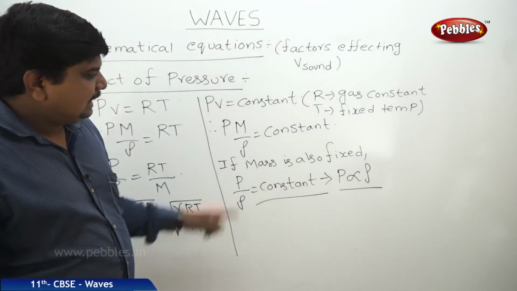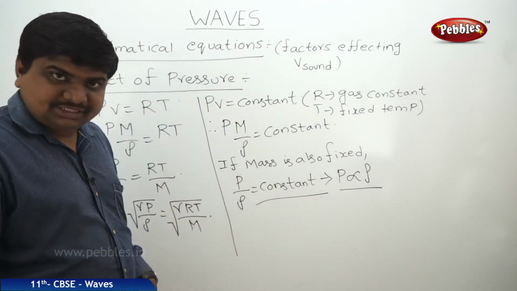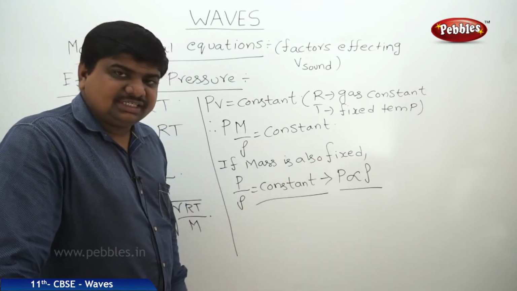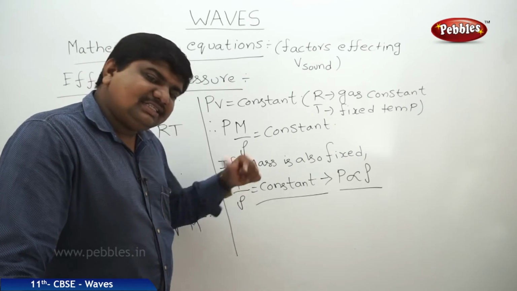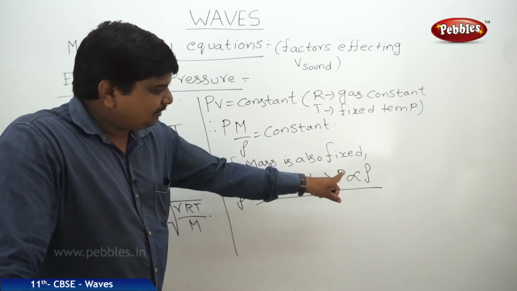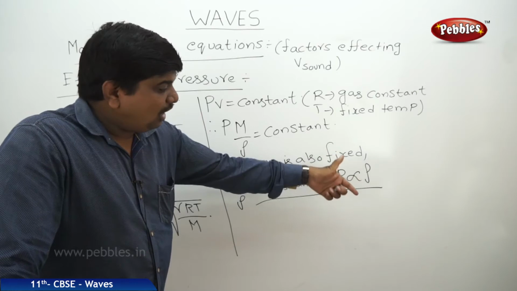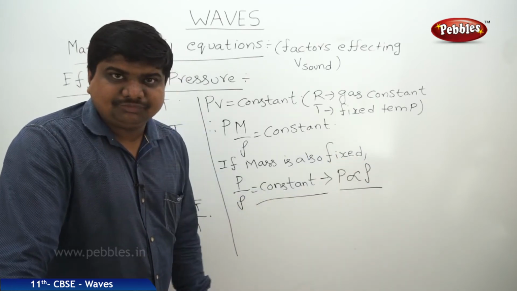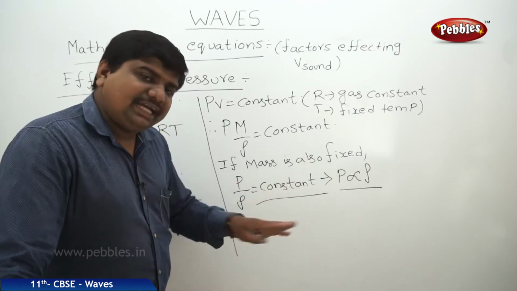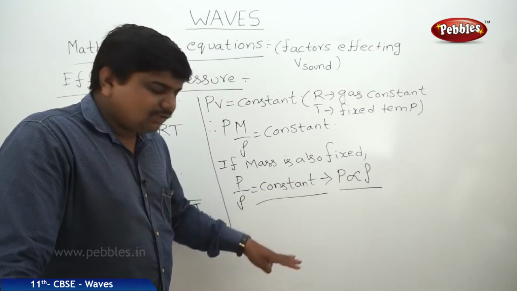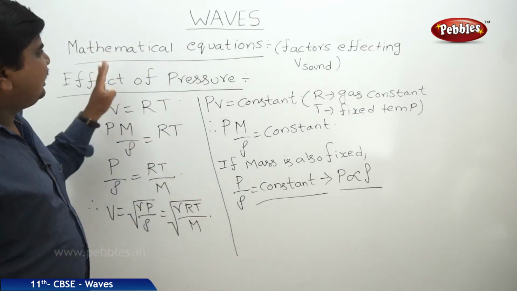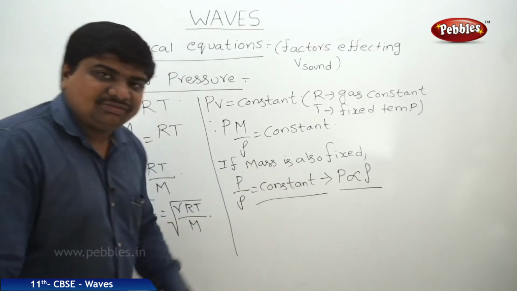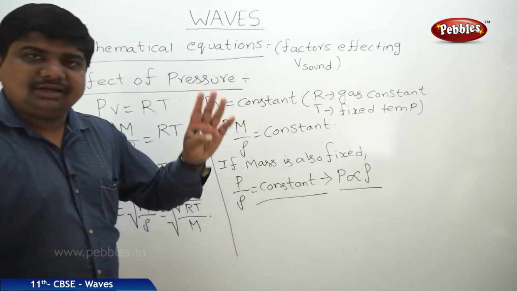That means at constant mass and constant temperature, the change in pressure is directly proportional to the change in density. That means pressure and density are related. So the factor that affects the pressure means how many times it is increased, that many times increase is possible in the density. So P by rho is always maintained to be constant. That's why we can say that velocity of sound in any given media is independent of the pressure, where the temperature, mass are constants.